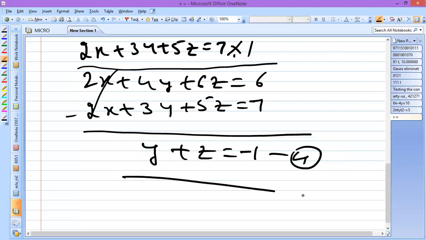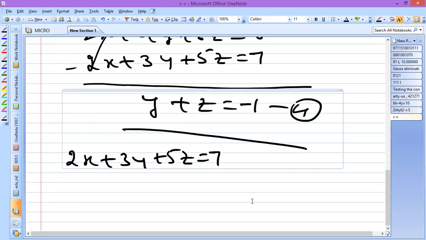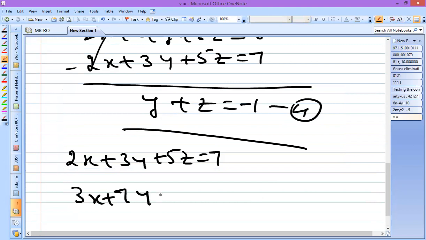Here I'll write below this 2x plus 3y plus 5z is equal to 7, and the third equation is given as 3x plus 7y plus 6z is equal to -4. In order to get the values, once again in terms of y and z so that we can simplify it, multiply this by 3 and this by 2.